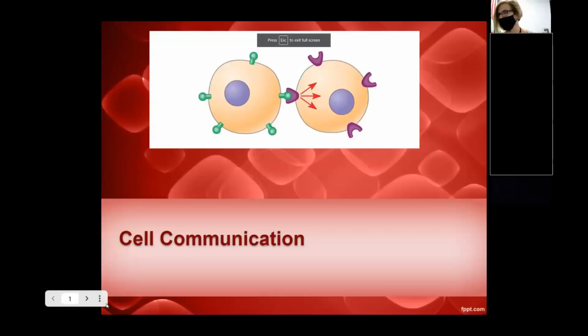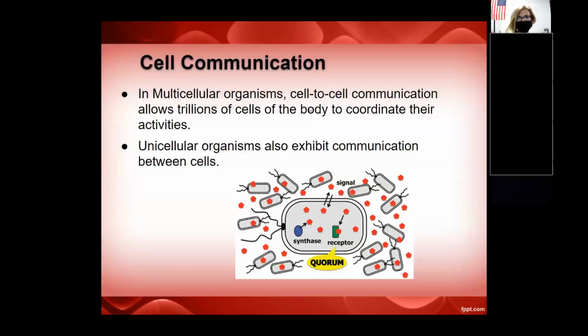Hopefully you see cell communication. Yes, okay, thank you. So cell communication, does this picture remind you of anything that we've talked about already? Yeah, good. So it reminds you of helper T cells and antigen presenting cells, where the antigen is being presented, binds with the receptor on the helper T, decides if it belongs or doesn't belong, and then the helper T will release an interleukin or a cytokine depending on what response is needed.